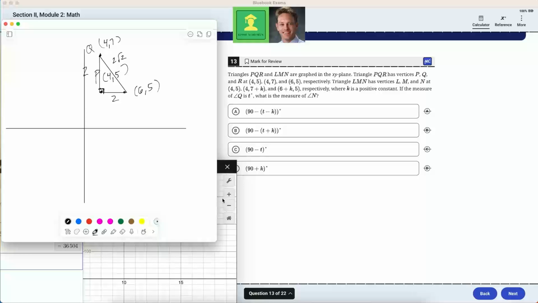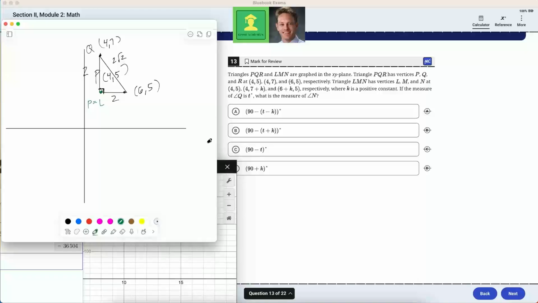LMN has vertices L, M, N at 4, 5. So again, this repeats. L has this one in common. So P is L. Okay, I know my picture is not perfect.